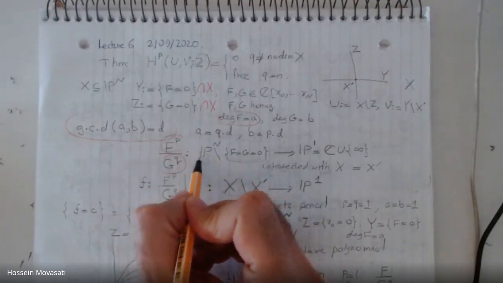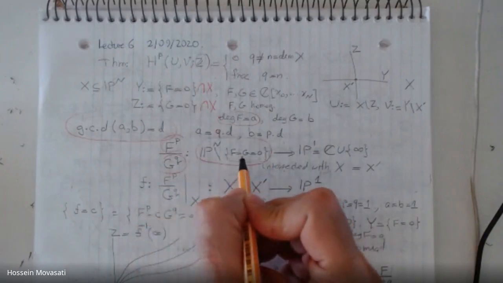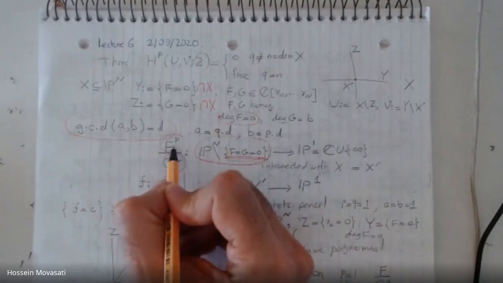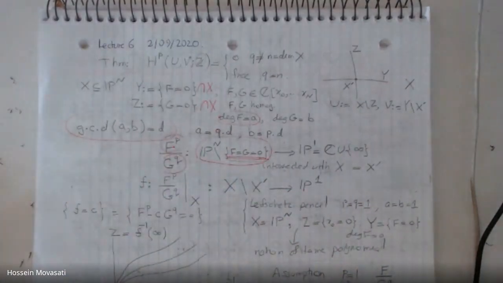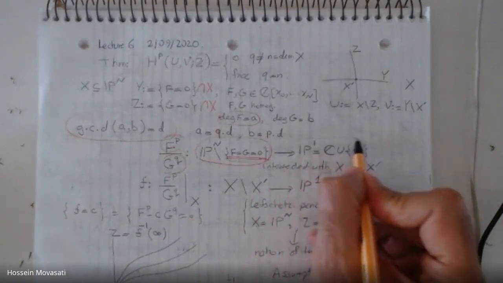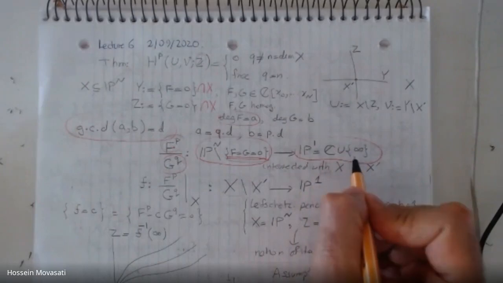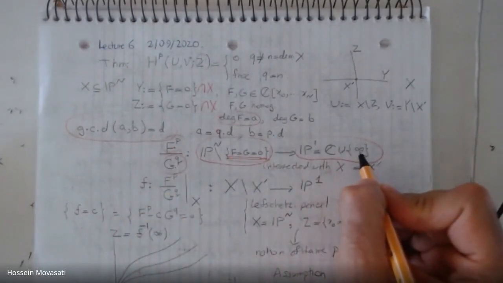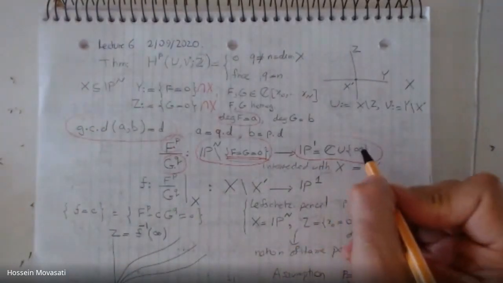So this will induce a holomorphic function from Pn minus the indeterminacy points, which are these, because for f = g = 0 we have 0 over 0, to P1, which is C union with infinity. So g equal to 0 will correspond to the value infinity here.